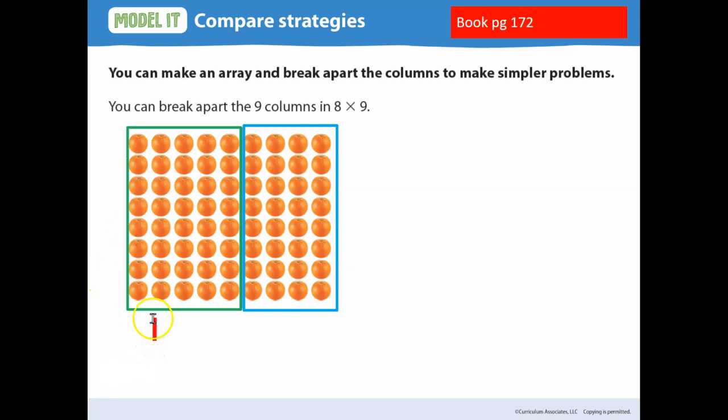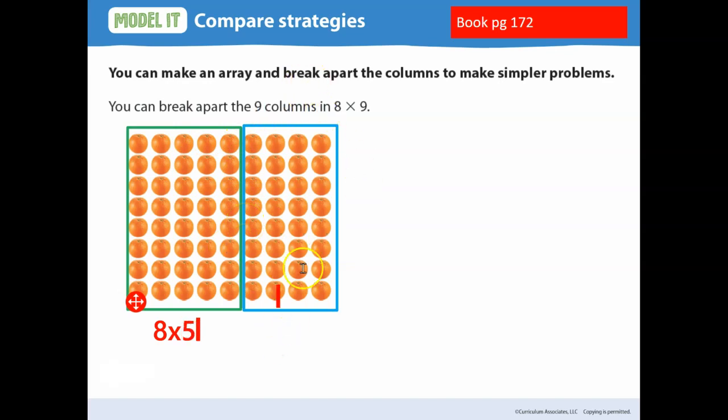So I have 8 rows. You're right, I have 8. 8 rows times how many in each row? Just inside this array right here, the green one, I have 1, 2, 3, 4, 5. I'm just checking because somebody said 9.